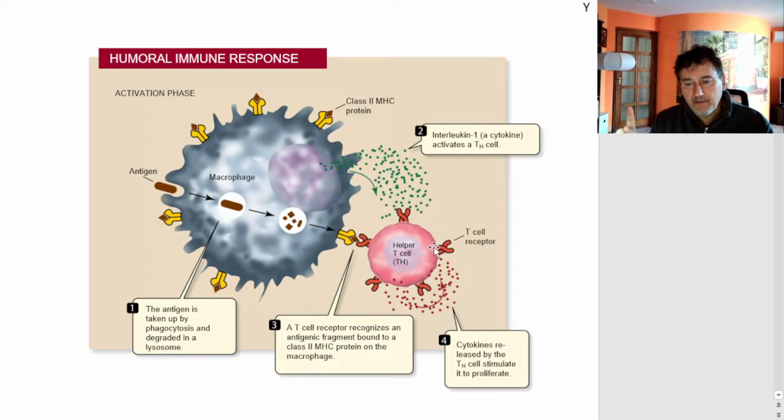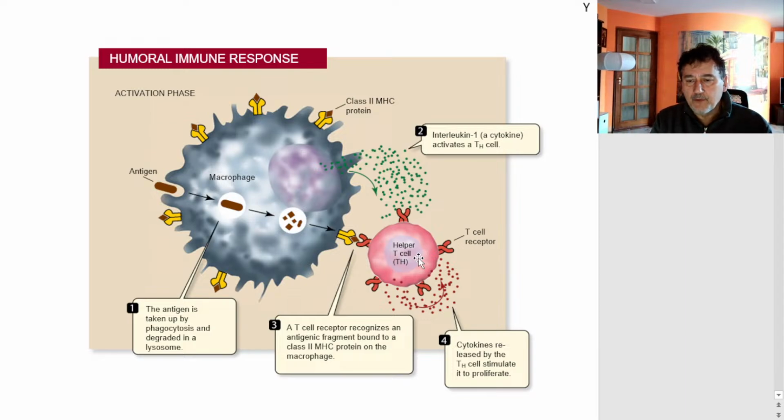Those T cells which have a T cell receptor that can bind to the antigen displayed by the MHC2 will bind there, and as a result they will produce certain cytokines, especially growth factors, and thereby they will activate both the macrophages and themselves to propagate.